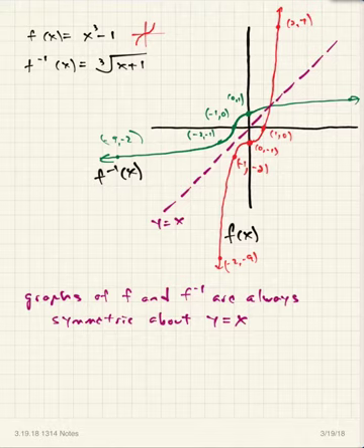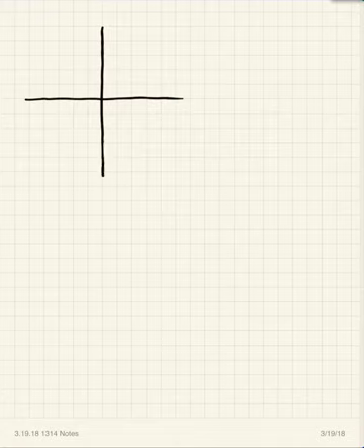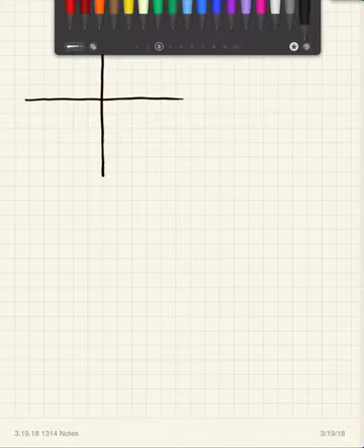Okay, so that's actually a good thing to know, because that is helpful when you're sketching graphs like this. So if you have a function, let's look at a graph of a function right here. Not an equation at all. Let's just look at some graph.